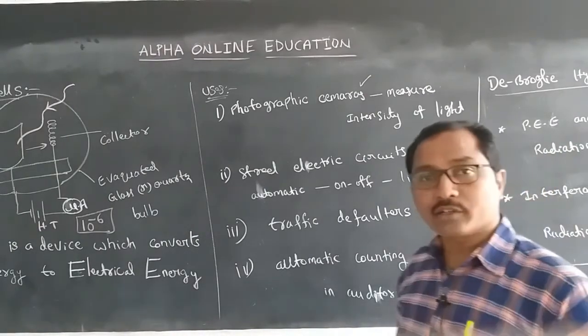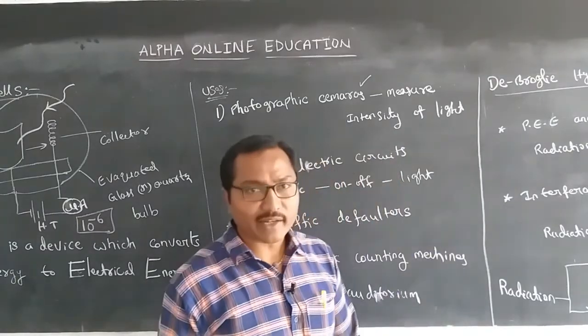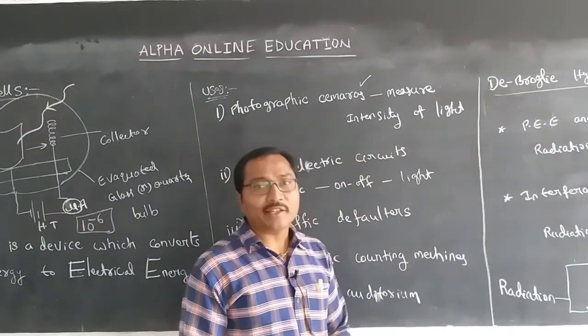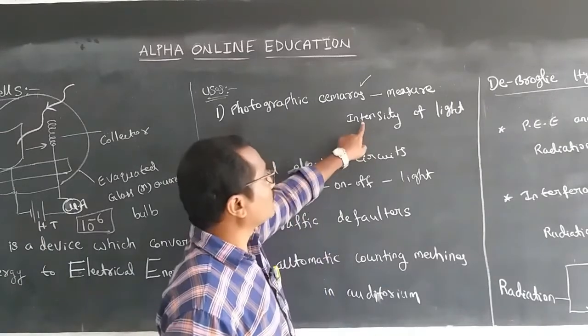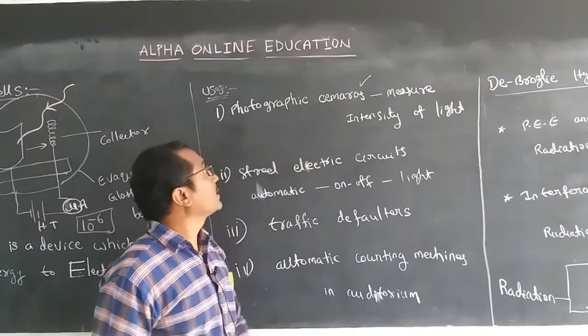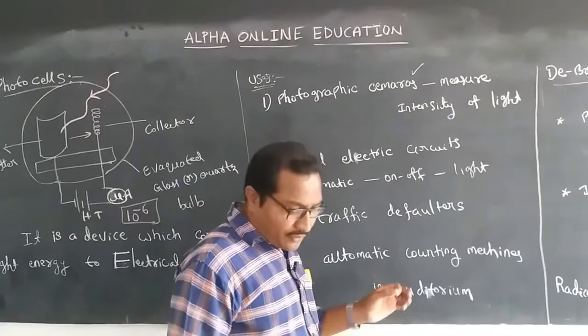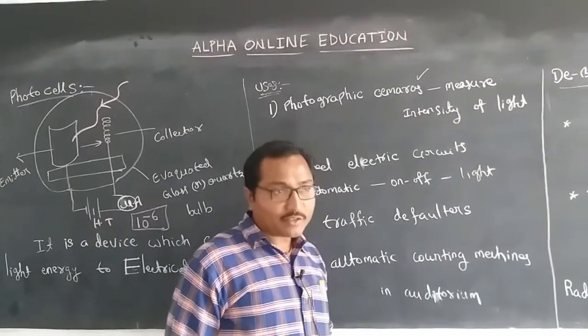For example, in summer we have more intensity of light. In the rainy season we get a smaller amount of light intensity. So we find the intensity of the light with photographic cameras. We can also use these photocells in cinematography.